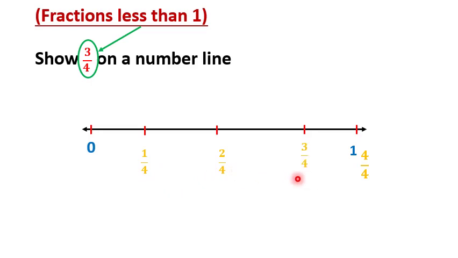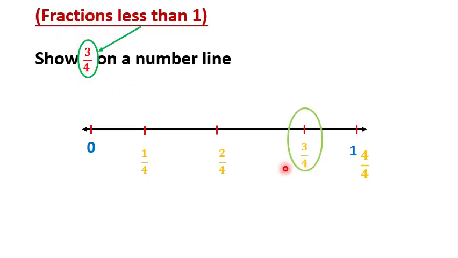Now we have to show 3/4 on the number line. So where is 3/4? Here it is. So we will circle it, or we can make a mark on the number line that 3/4 lies here. So this is how we are going to do all the questions. Again, I'm repeating.